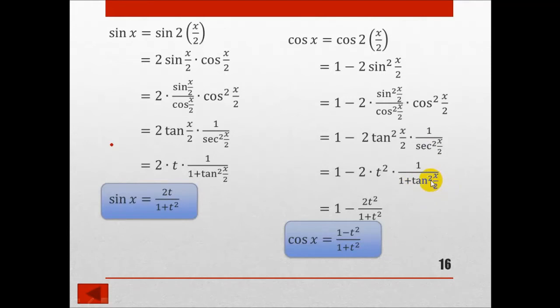Like before, 2t squared, with tangent substituted by t. So sine x can be changed to 2t over 1 plus t squared. And cosine x can be substituted with 1 minus t squared over 1 plus t squared.